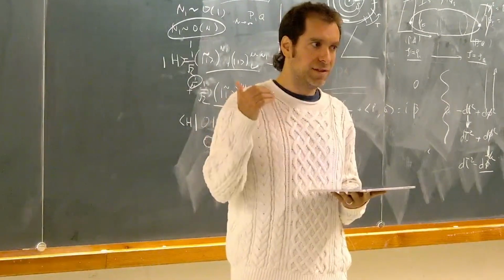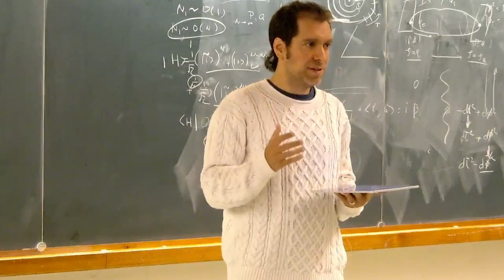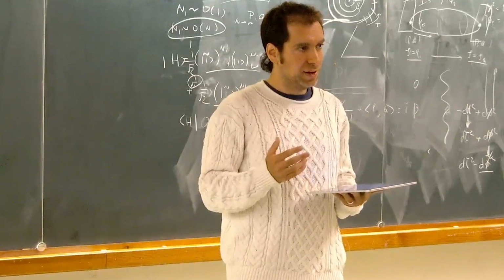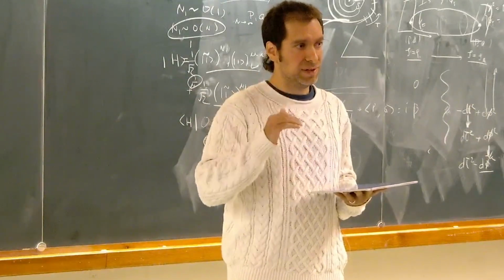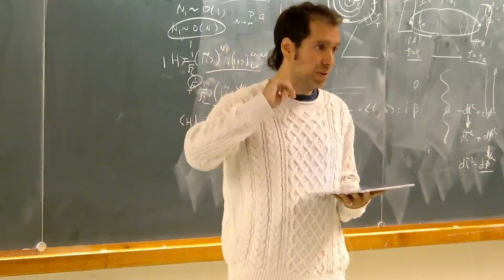Again, this is what you would expect: g_string tells us about the ratio of M_string and M_Planck. So this being order 1 is necessary if a string compactification is to give a pure gravity-like theory, because that means there are no states up to the Planck scale. So the string states must be pushed up to the Planck scale.